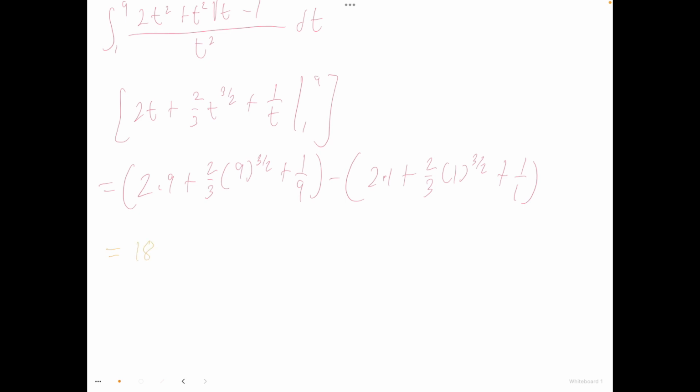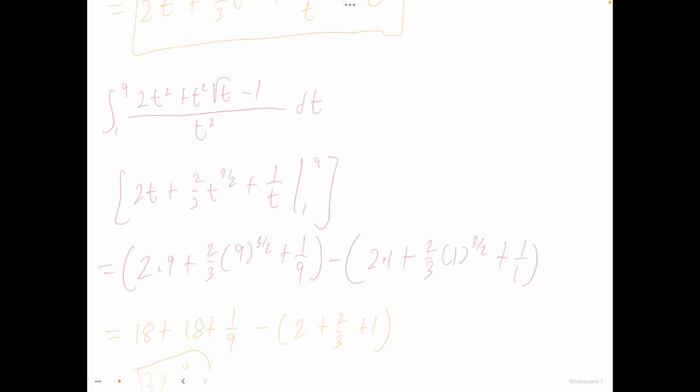And so we get 18 plus, if you do the math, 18 plus 1/9 minus 2 plus 2/3 plus 1. And so this then simplifies to 32 and 4/9. And so that would be the definite integral from 1 to 9. And so doing the indefinite integral is like a step on the road to the definite integral, as we see here.